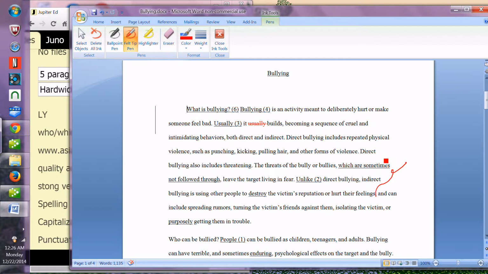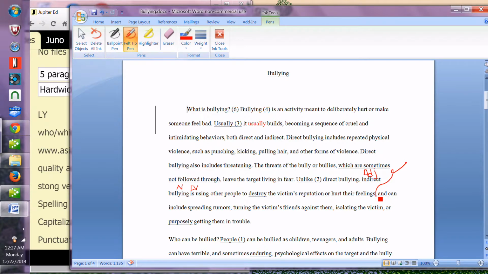And let me tell you why, so that you can be aware of this. Unlike direct bullying, it's a good introductory little clause. Indirect bullying, okay, here's your noun, and you have a linking verb, and you have an adjective here. Is using other people to destroy the victim's reputation or hurt their feelings, and can.